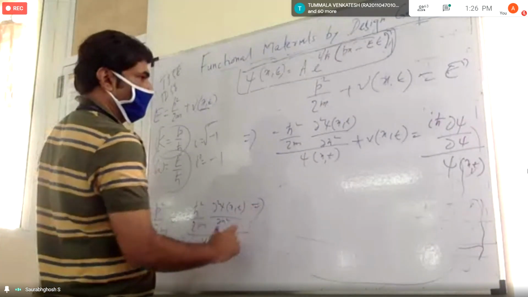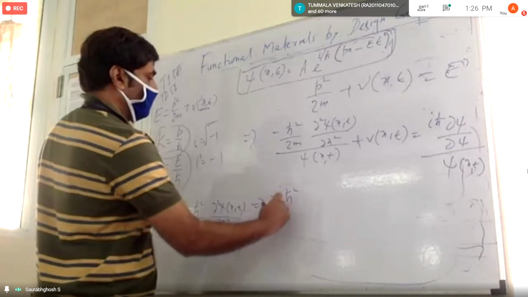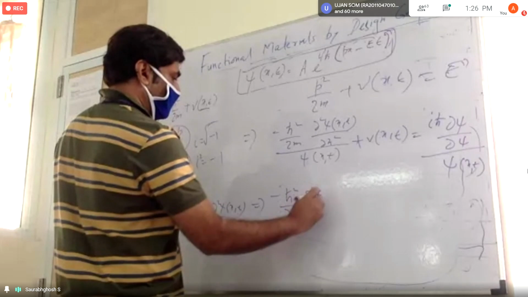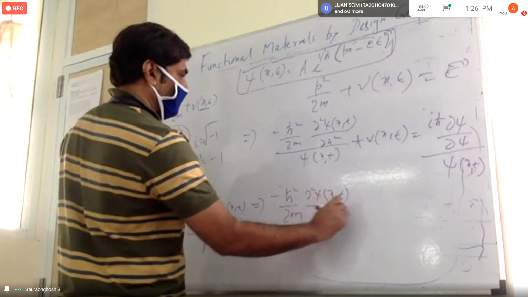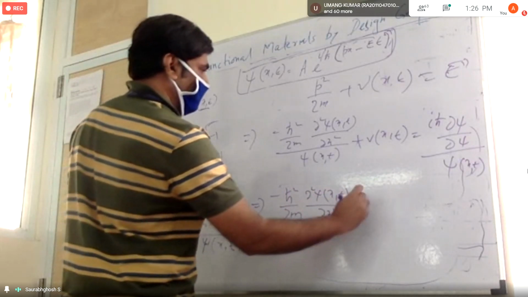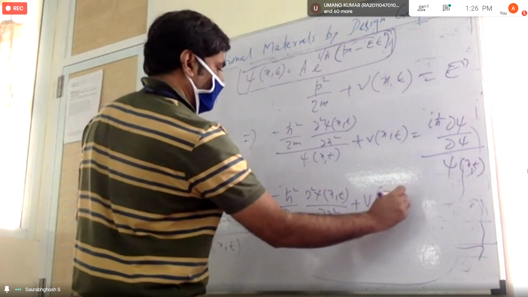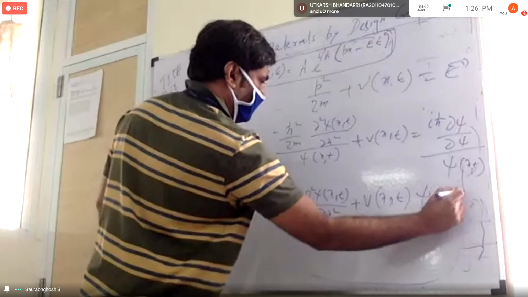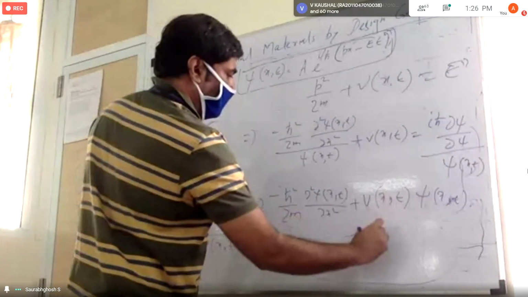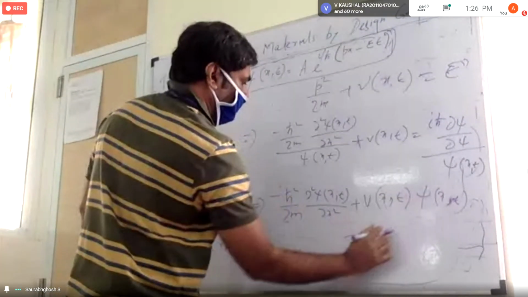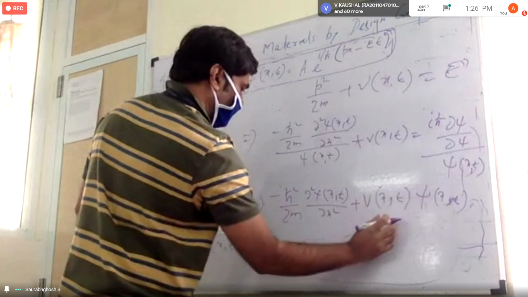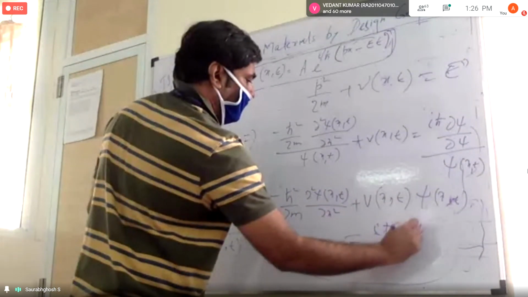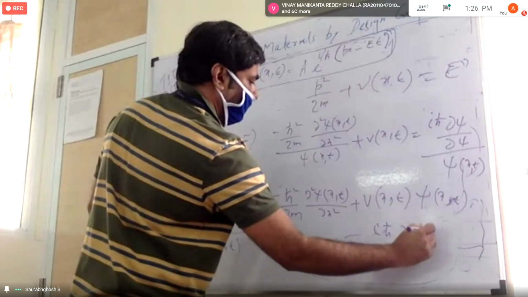So it becomes minus h cut square by 2m del square psi of x,t by del x square plus V of x,t psi of x,t is equal to i h cut del psi del t.